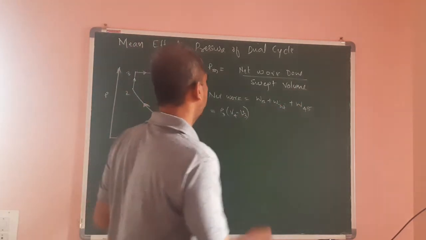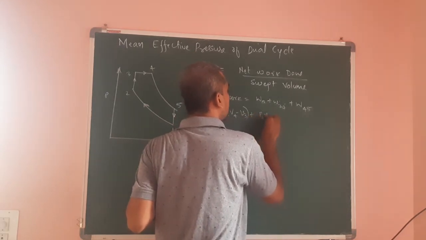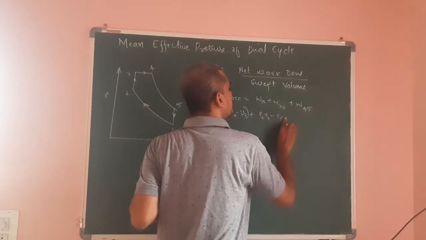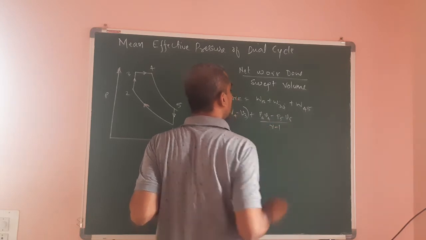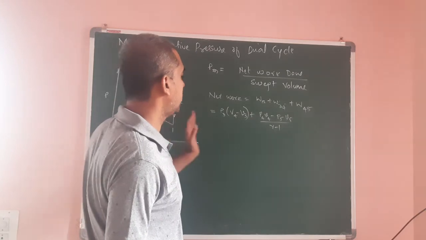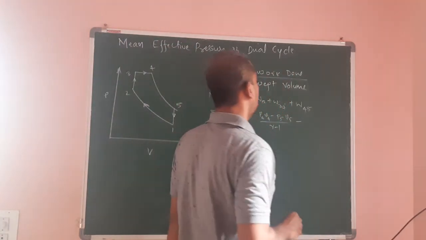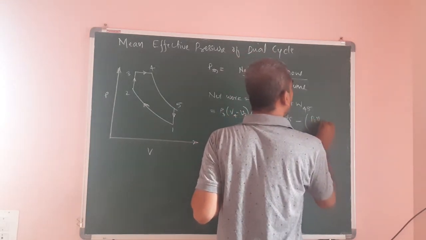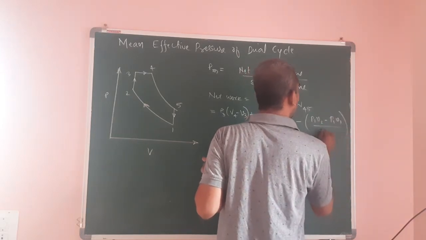Work done during the process 4 to 5 is equal to P4V4 minus P5V5 divided by gamma minus 1, plus work done during the process 1 to 2, that we have to write as negative, which is P2V2 minus P1V1 divided by gamma minus 1.